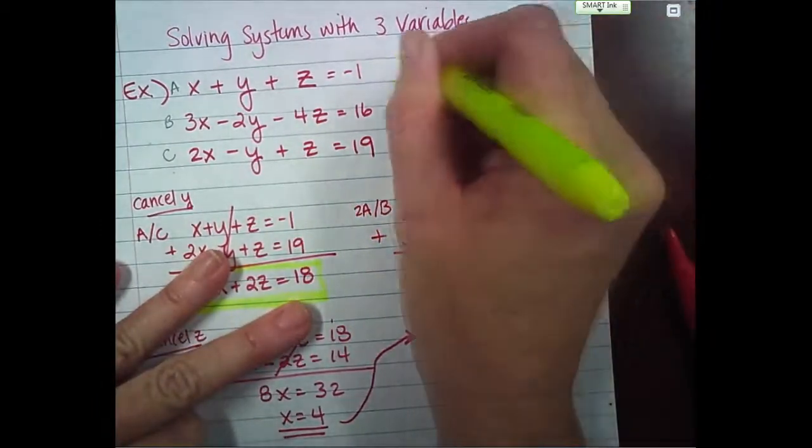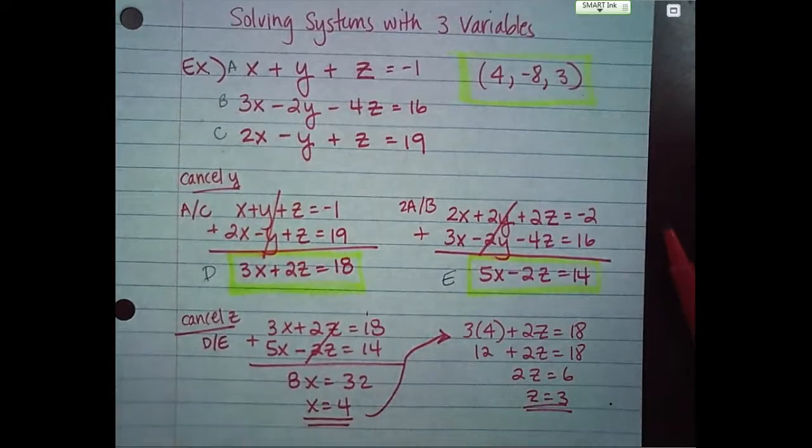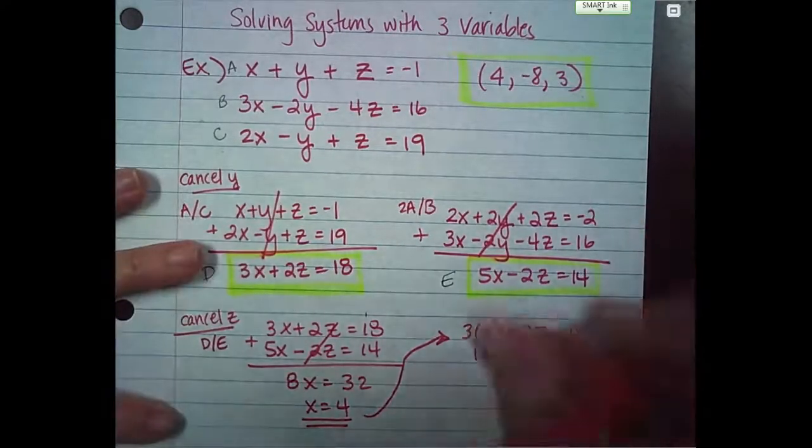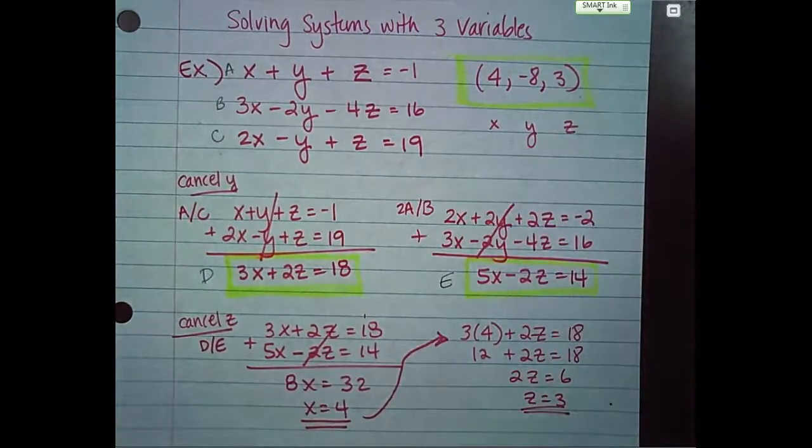How could I check my answer? Yep. That point makes all 3 true. You want to check. Okay? Now then, just because they're notes, if you want to write where you got this, if you didn't already know that, X, Y, Z, you're not required to write it. So okay about it? Here's another.